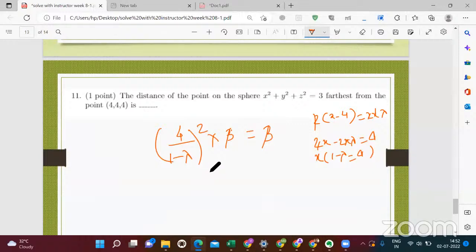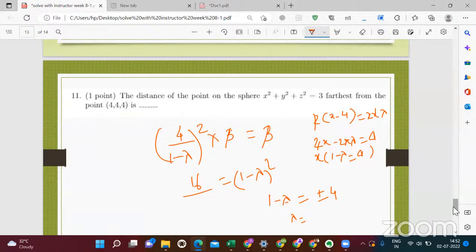Now what is left with you? 16 upon 16 equals 1 minus lambda whole square. This is what you are getting, right? If you solve, 1 minus lambda equals plus or minus 4. Lambda you will get how much?